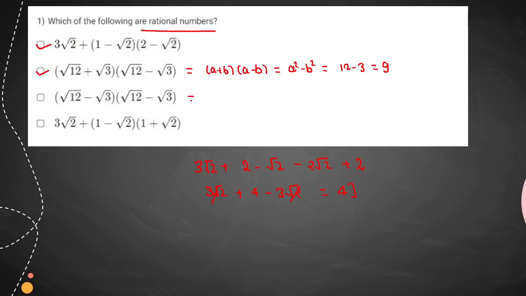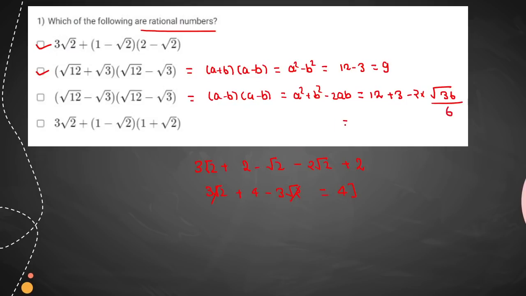The third option is root 12 minus root 3, times root 12 minus root 3. So it is like (a - b)(a - b), so it will give a square plus b square minus 2ab. So it will give 12 + 3 - 2 times root of 12 times 3, that is root 36, and root 36 gives 6.